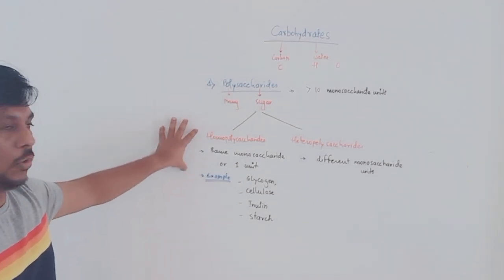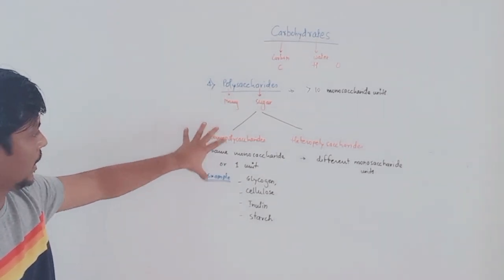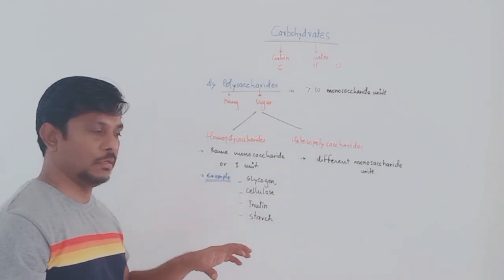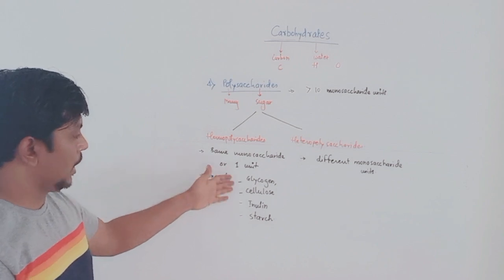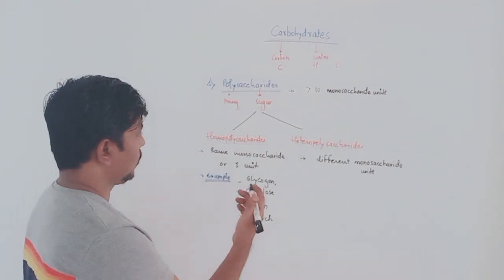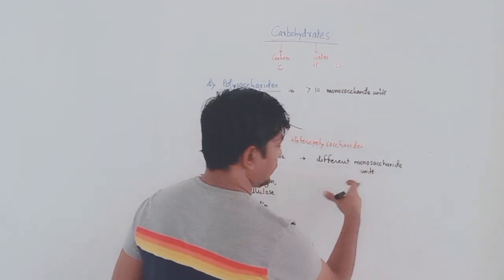So homopolysaccharides are polysaccharides which contain one single unit of monosaccharide. Examples are glycogen, cellulose, starch, inulin. Heteropolysaccharides on the other hand contain different monosaccharide units.